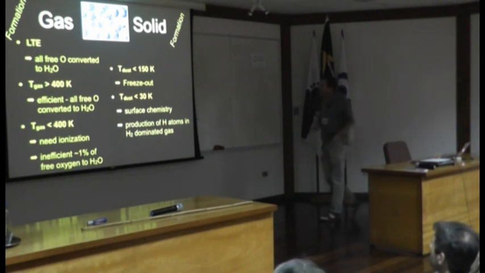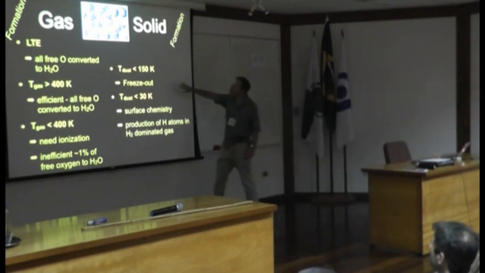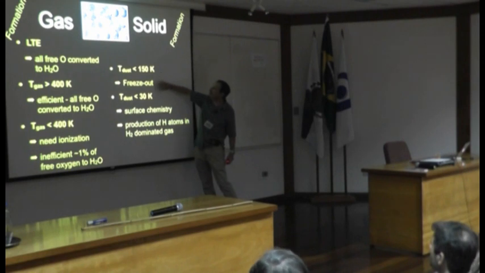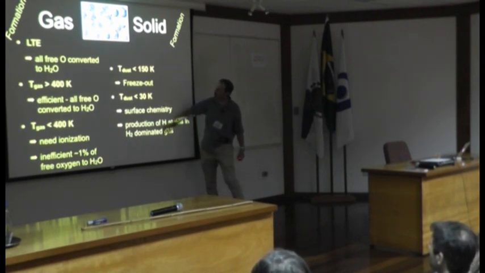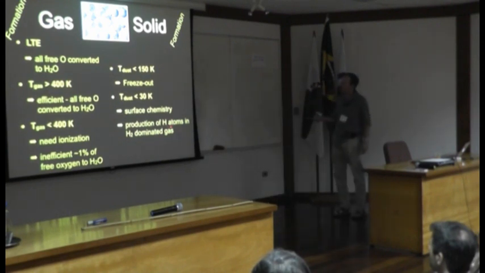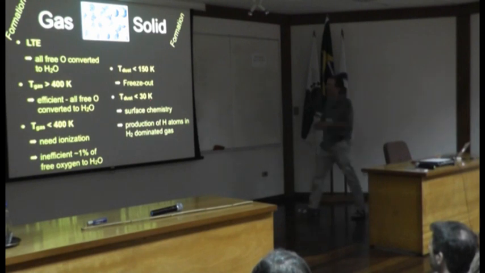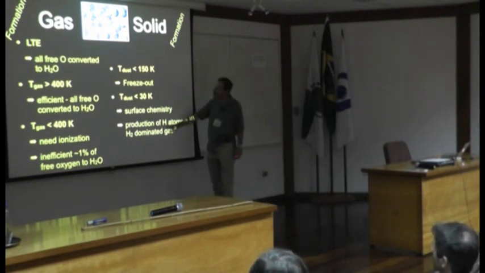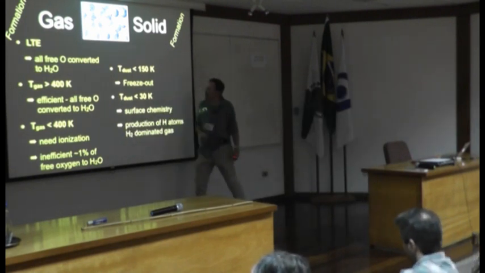However, if you're in the solid state, if the dust is less than 150 K, you can freeze out, and if it's less than 30 K, you can form it via surface chemistry. But you need hydrogen atoms to make the water, and to make hydrogen atoms, you need ionization.